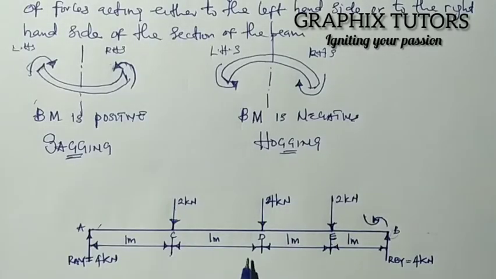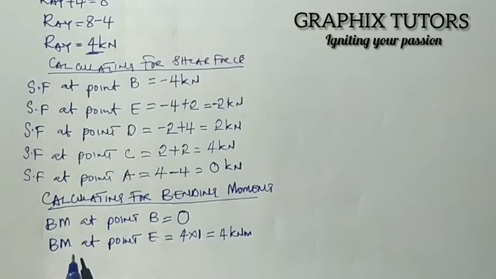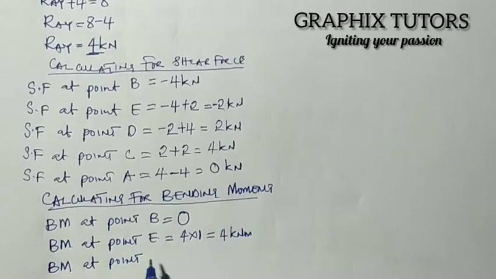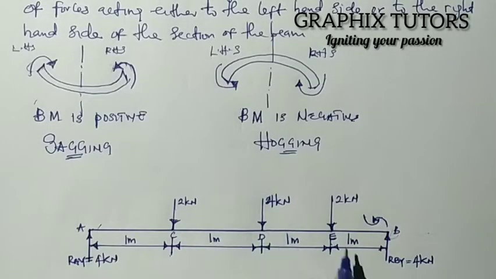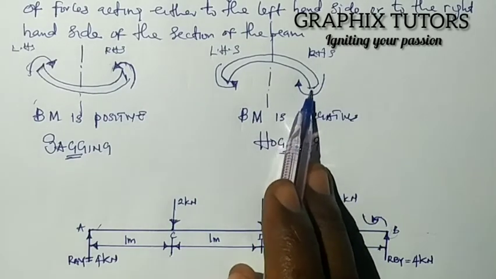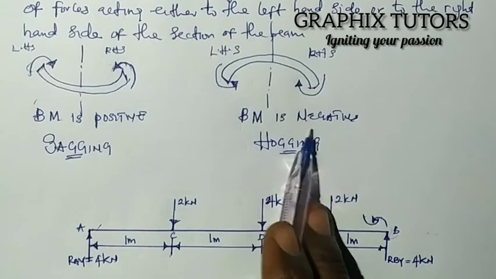Now the next one is bending moment at D. So the bending moment at point D will be equal to, now at point D, this force here will be going this direction, and if I place my beam bending this way, that is negative.